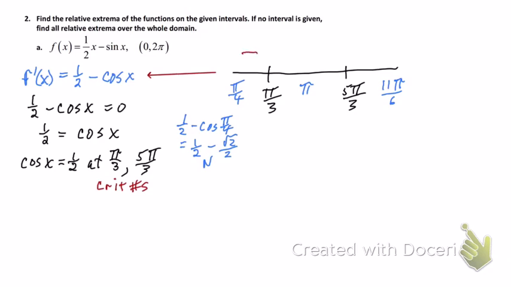So anything from 0 here to pi over 3 is going to be decreasing. I do the same thing with pi. What's the cosine of pi? Negative 1. So I've got 1/2 minus a minus 1, which is a positive number. So I know this middle part is increasing.